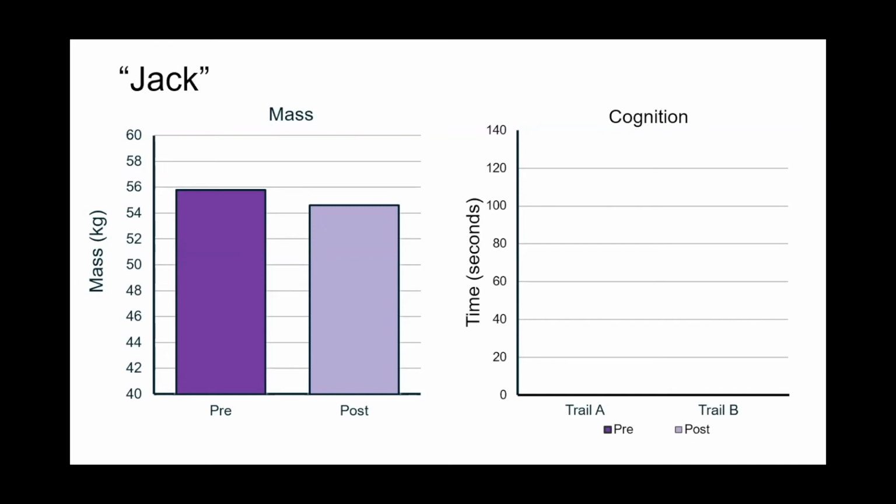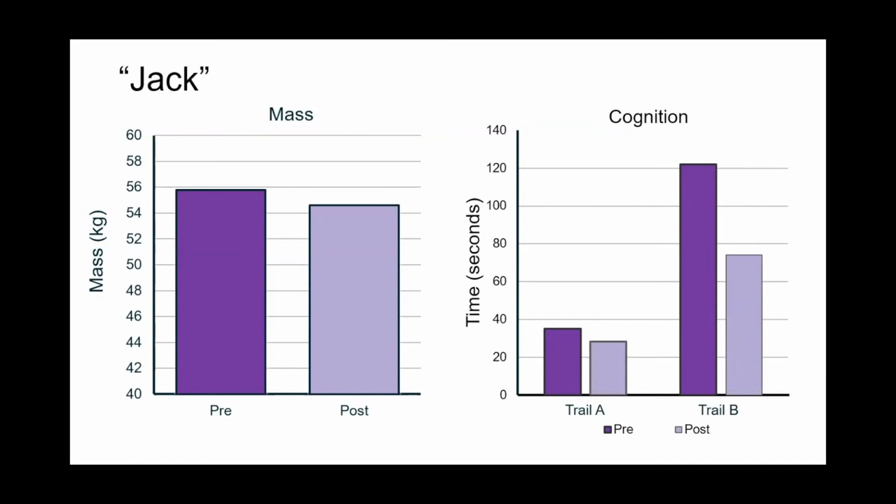And for trail making part B, we had Jack connect numbers to letters. So 1 to A, to 2 to B, all the way to the letter L. Before our program, Jack finished trail making part A in 35 seconds and trail making part B in 122 seconds. And he was able to slash both of those times to 28.3 and 74 seconds respectively.